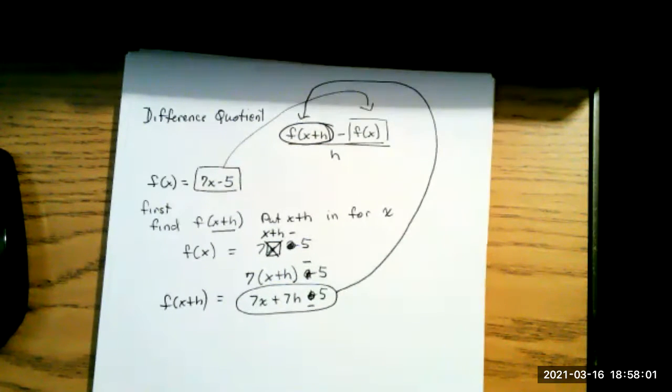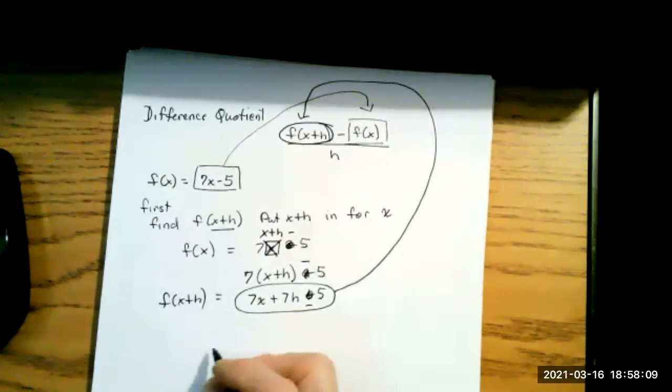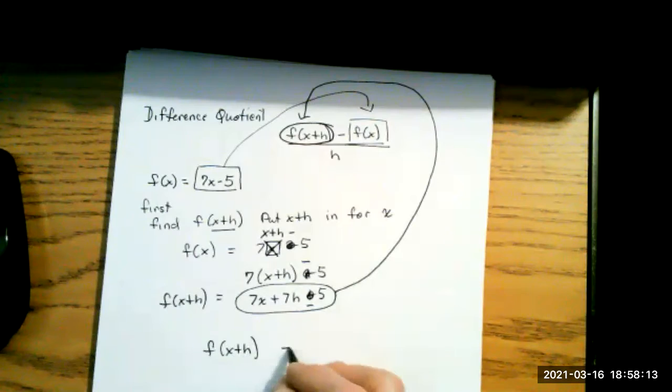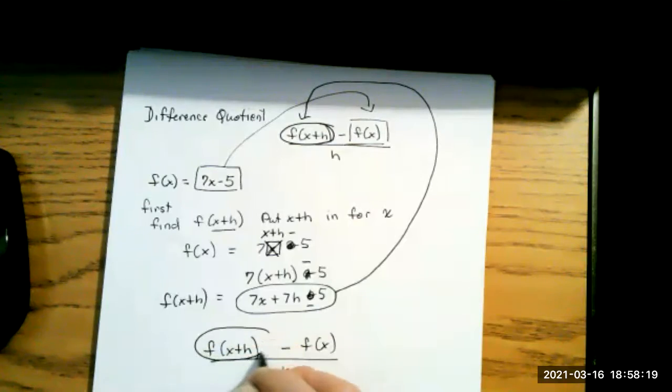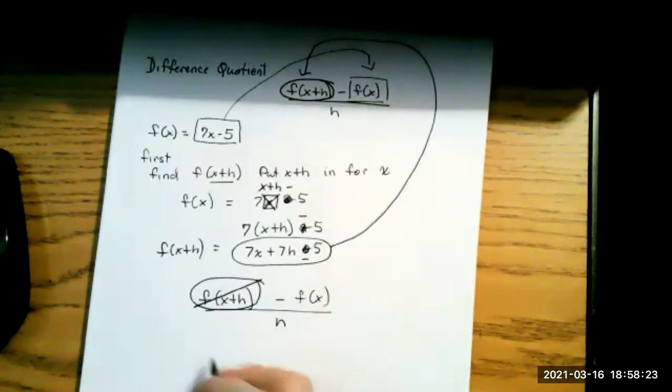All right. Thank you. 7x plus 7h minus 5 is the correct response there. So now then, I'm going to rewrite this just to make it a little clearer. In this spot, I'm going to take that out and put 7x plus 7h minus 5.